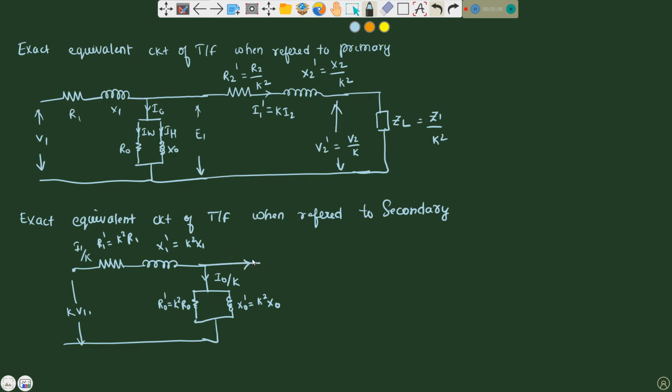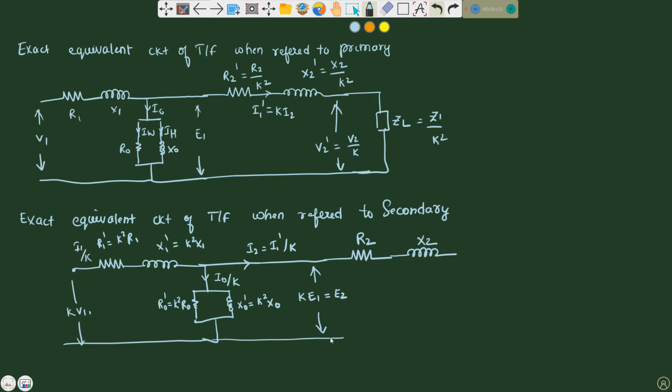So here the secondary current I2 will be I1 dash by K, okay. So here it will be an induced EMF due to primary side, it will be K times E1, which equals the secondary side EMF.